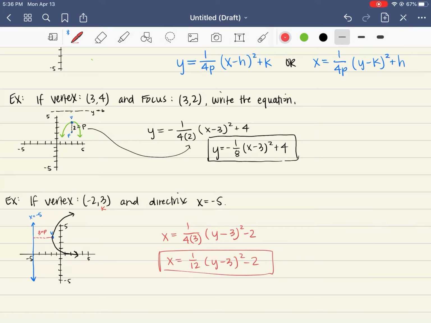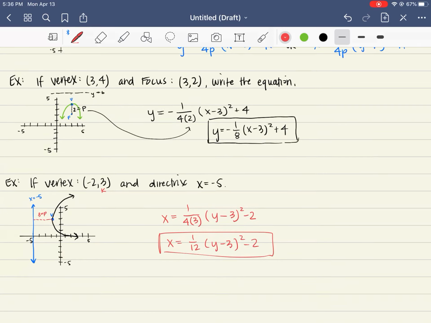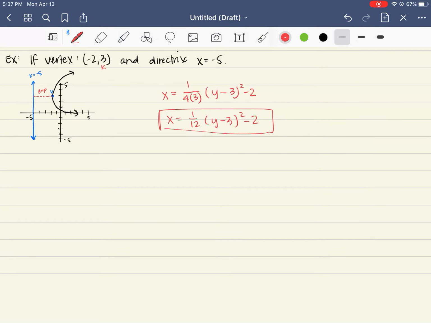Okay, so given different information, again, the goal is to be able to connect them. Let's look at one that combines the last ones. Oh, we still got room. Victory. Okay, let's look at one where we're given the equation.